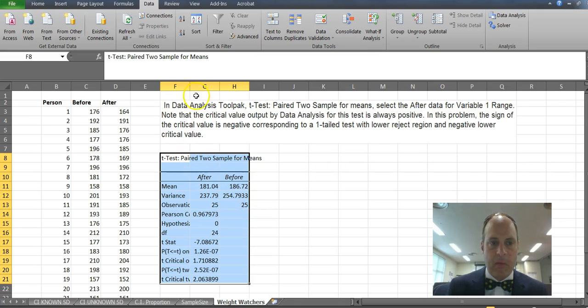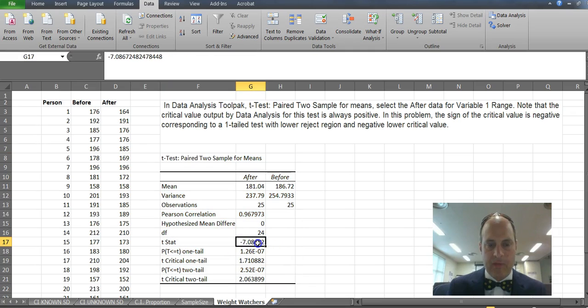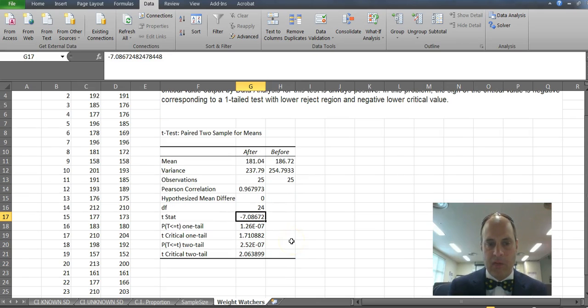You just click OK. And then you get this output that looks like this. So what you need to pay attention to in the output is the t-statistic, okay? Here we see that the after scores are less than before scores. Okay, so that's good. People lost weight. However, given this model, it's a deficit model, your t-stat is going to become negative, so just pay note of that. Okay, and then this is a one-tailed test, and so we want to look at the critical value.